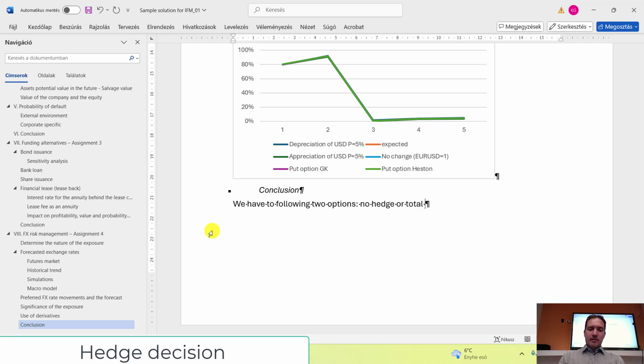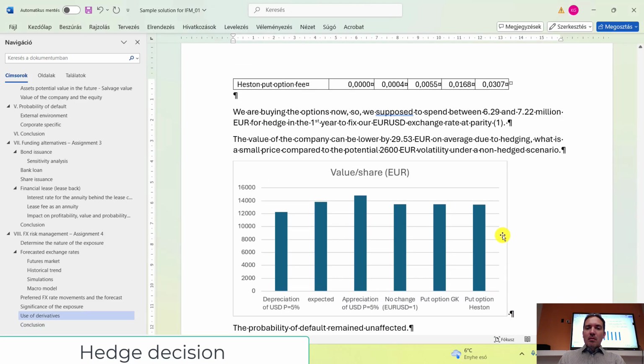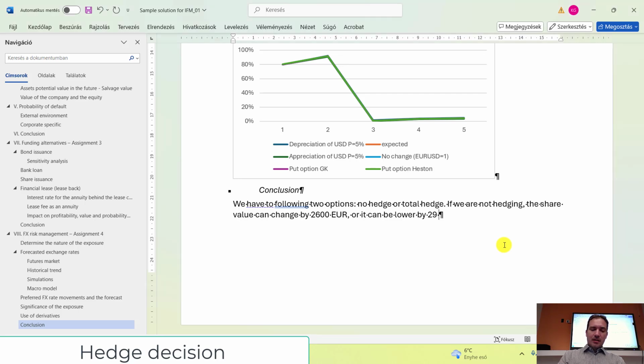If we are not hedging, the value can change by 216 euros, I mean the share value, or it can be over by 30 on average. Or under total hedge.